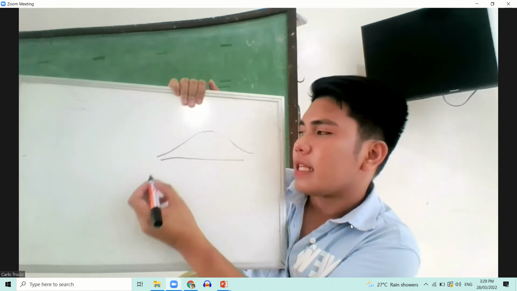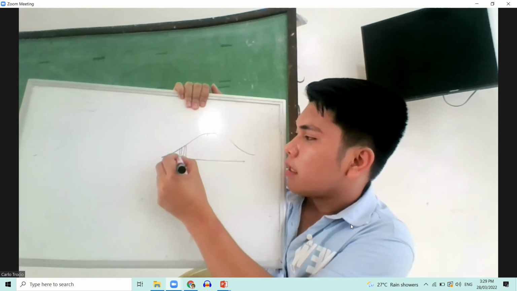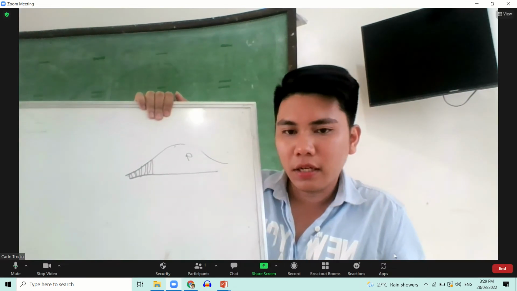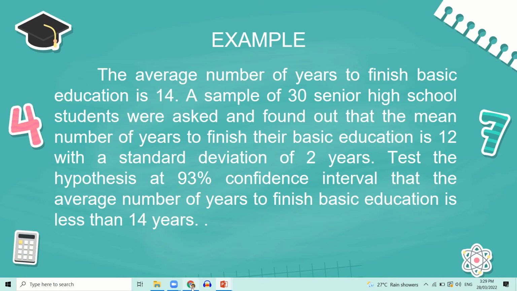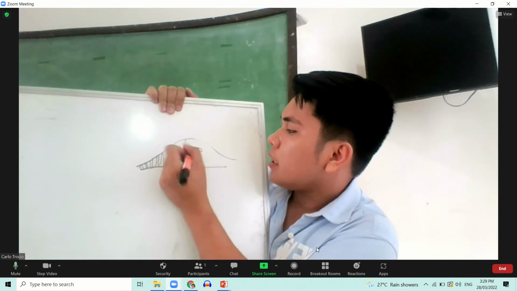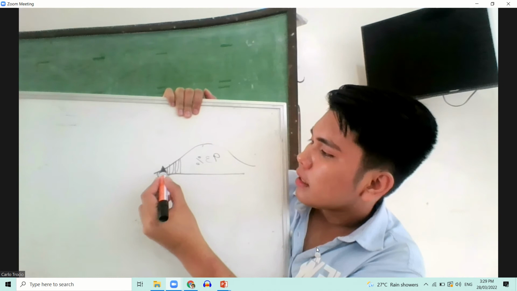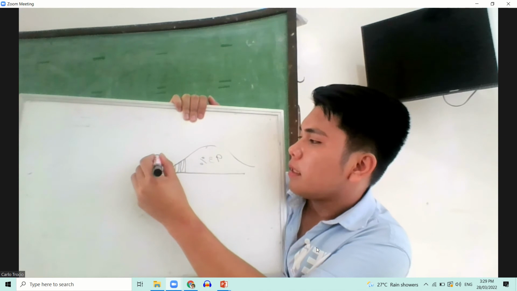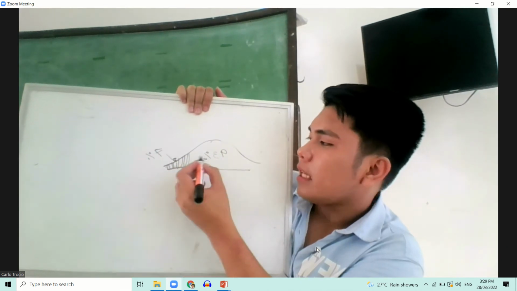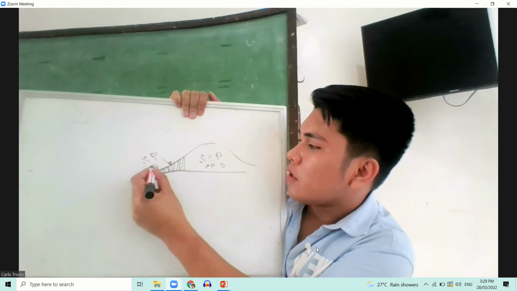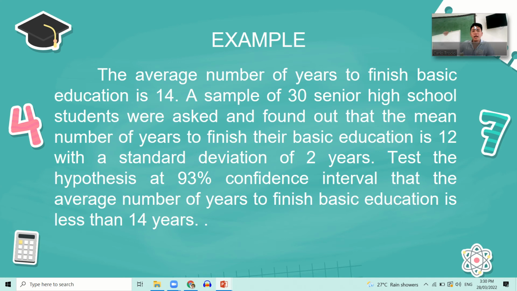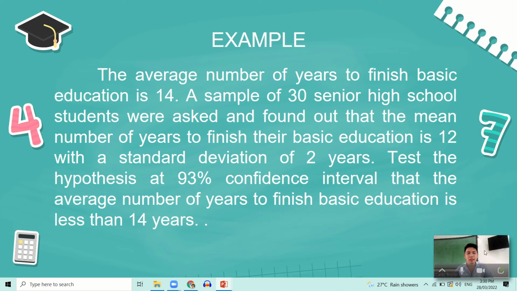So since this is one-tailed test and this is positive, then you can draw it like this. This is 93%. Well, this one is the rejection region. This is equal to 7%. Or you can write it as 0.93, and this one is 0.07. That is how you do the confidence level and level of significance, since it's less than.